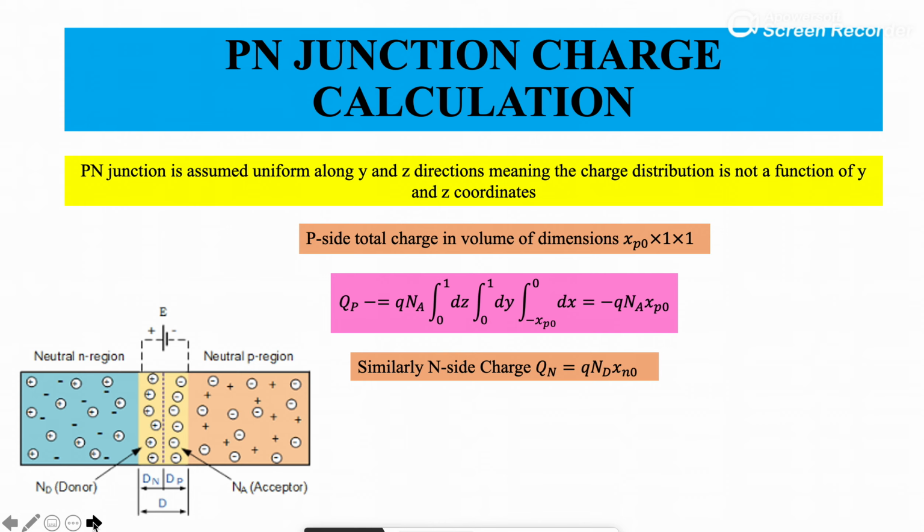Let me give a brief example of how we calculate the total charge. Here it is a p-n junction, something that you might have studied in your electronics course. A p-n junction is an essential component for making a diode, MOSFET, or you can say a transistor.